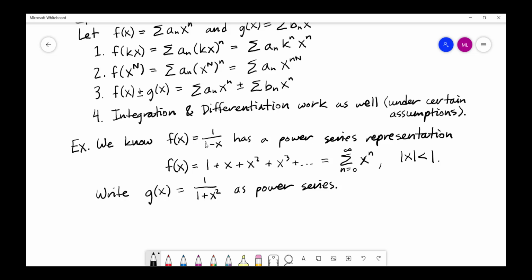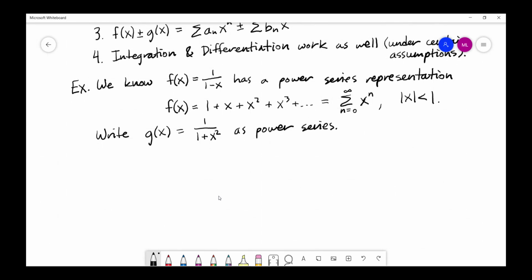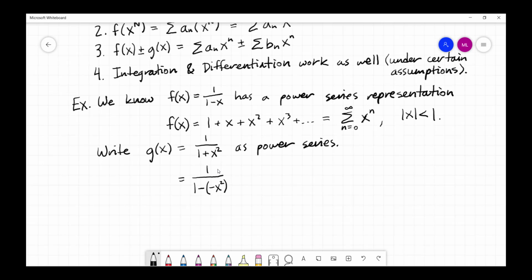Over here I have 1 over 1 minus x. Here I have 1 over 1 plus x squared, which I could rewrite as 1 over 1 minus, putting it all in parentheses, a negative x squared. This mirrors the format I put this one in, 1 over 1 minus x. All I've done is replace what appeared as x here with a negative x squared.